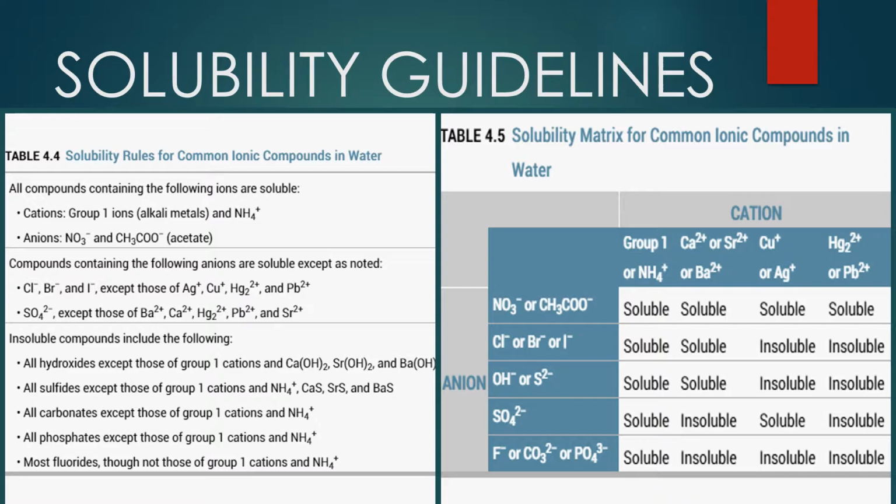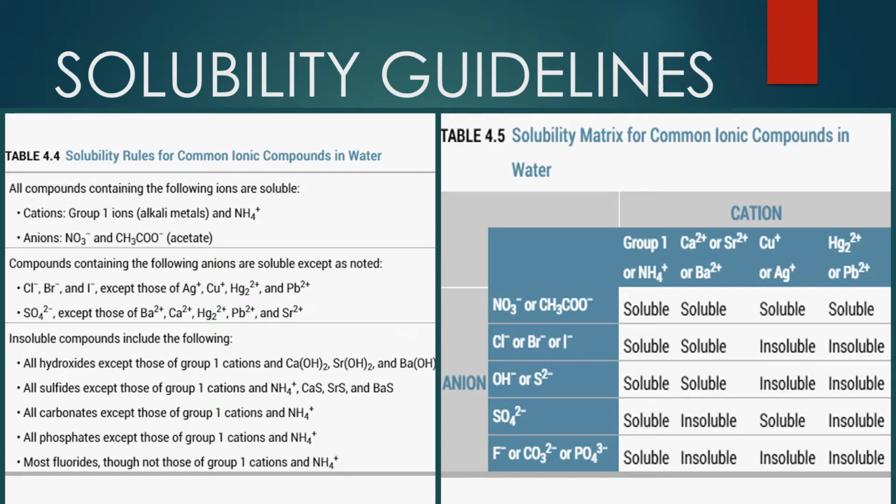Then the insoluble compounds are hydroxides, the OH, unless it's paired with, going back up to soluble rule number 1, the cations at the top of that chart, the group 1 ions, the alkali metals: lithium, sodium, potassium, rubidium, and ammonium. Those trump everything else.